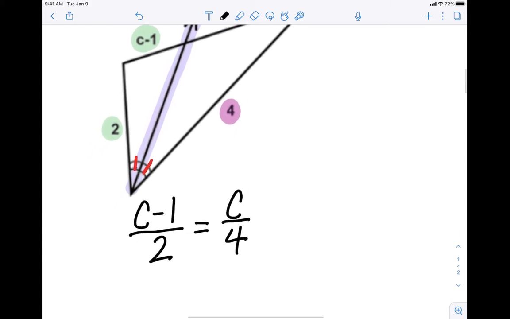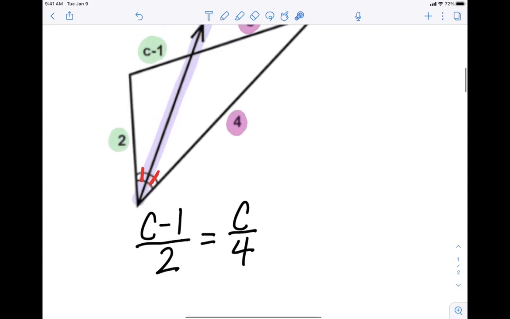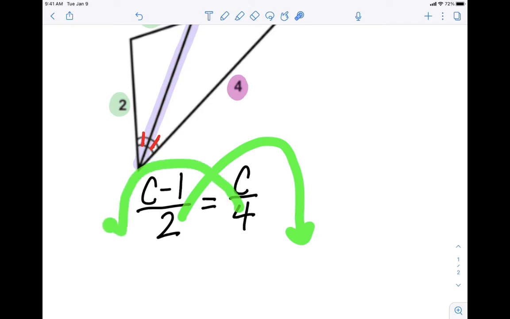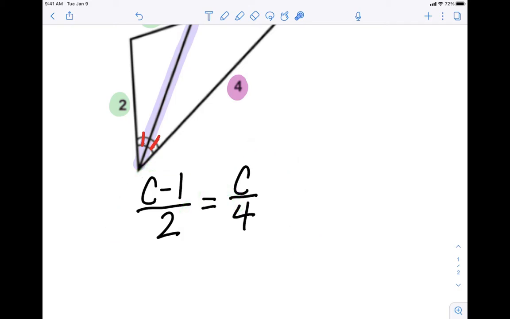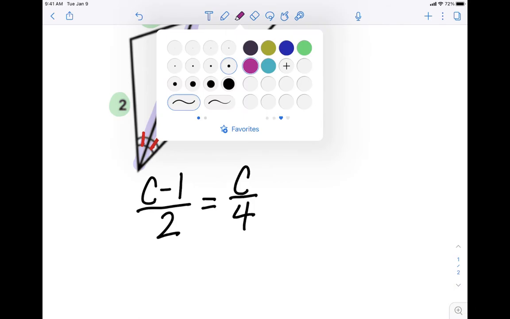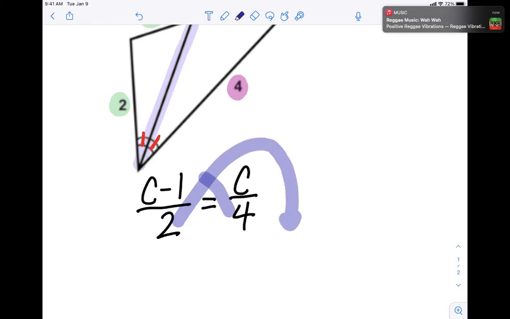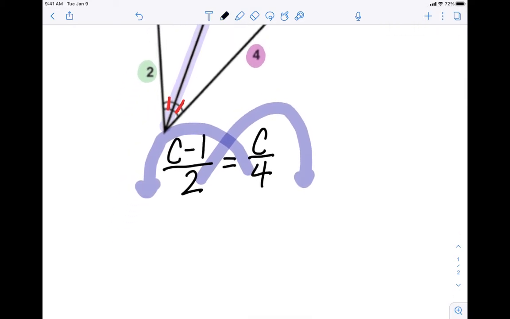Right? And this is when we're going to do our cross multiplying, or what I like to call butterfly multiply. 2 times c and 4 times c minus 1. Right? So 4 times c minus 1, what I'm going to do is write it out just like this. 4 times c minus 1.